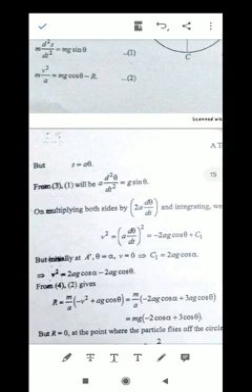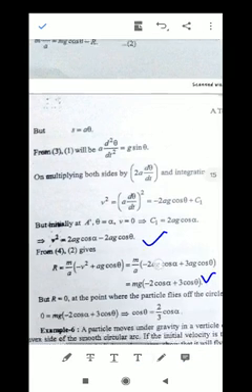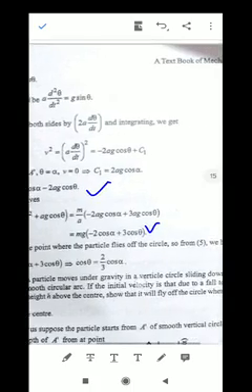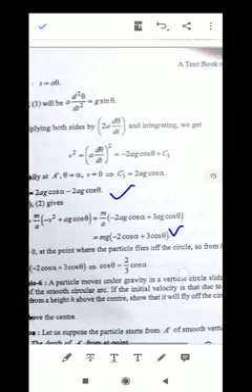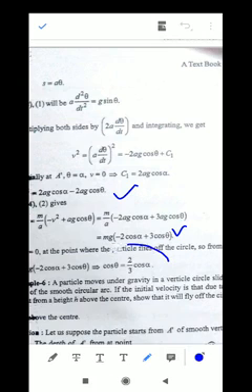Putting this value of c1, we get the expression for v square, and using this expression for v square in the second equation, we obtain the expression for R. Now R equal to 0 at the point where the particle flies off the circle, so putting R equal to 0, we get cos theta equal to 2 by 3 cos alpha. It is the required result.